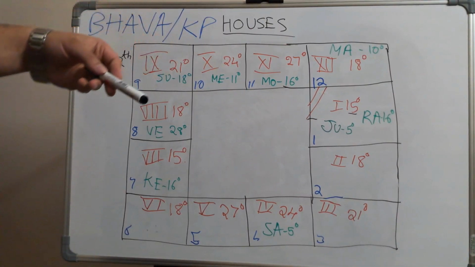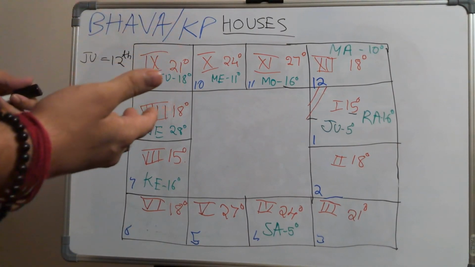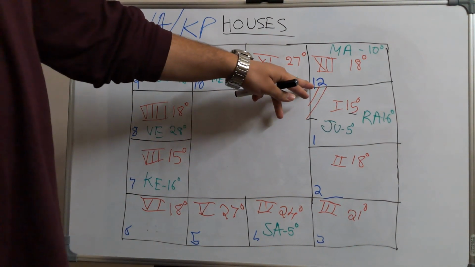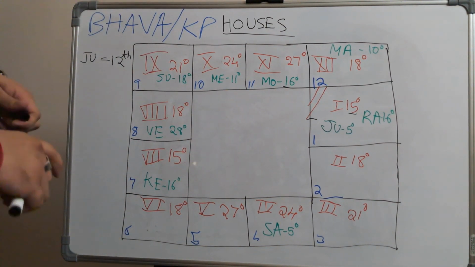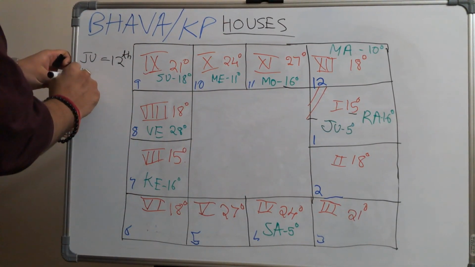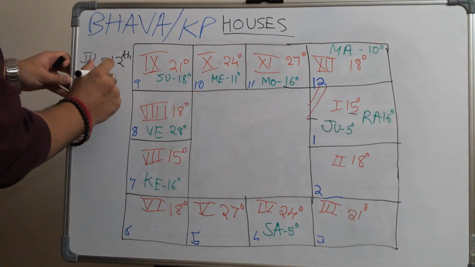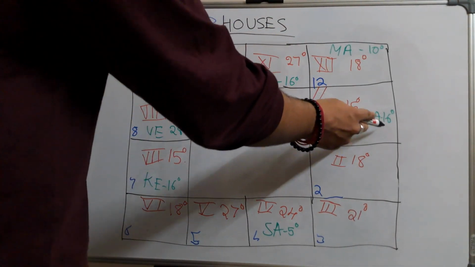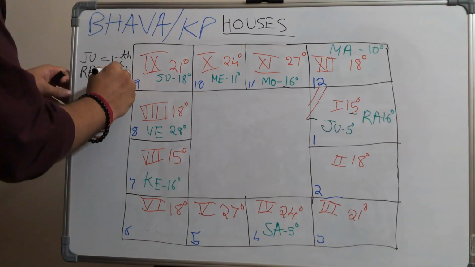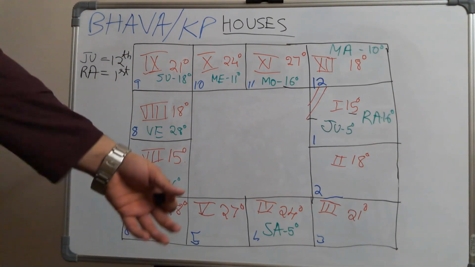So the signification or the results Jupiter is going to show here is of the 12th house. And Rahu is 16 degrees, and 16 is after 15. So Rahu is in the first house.